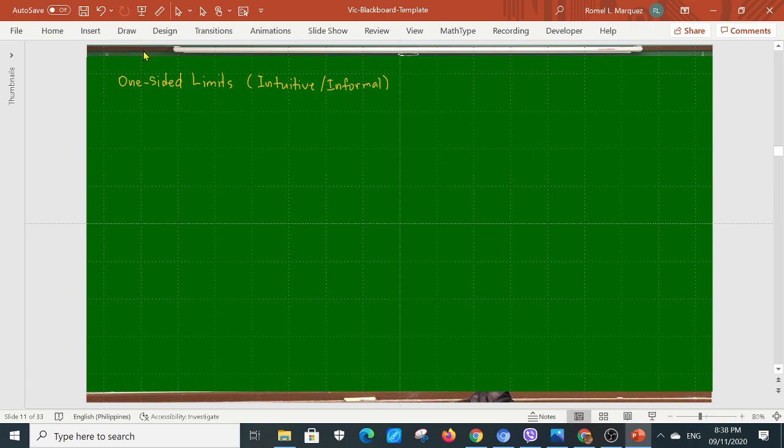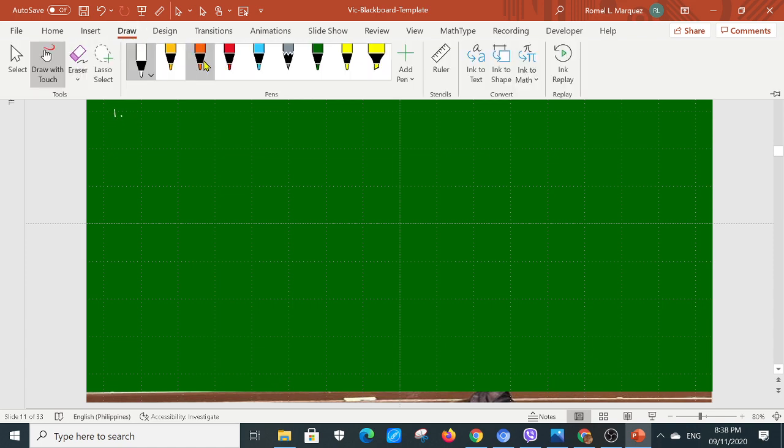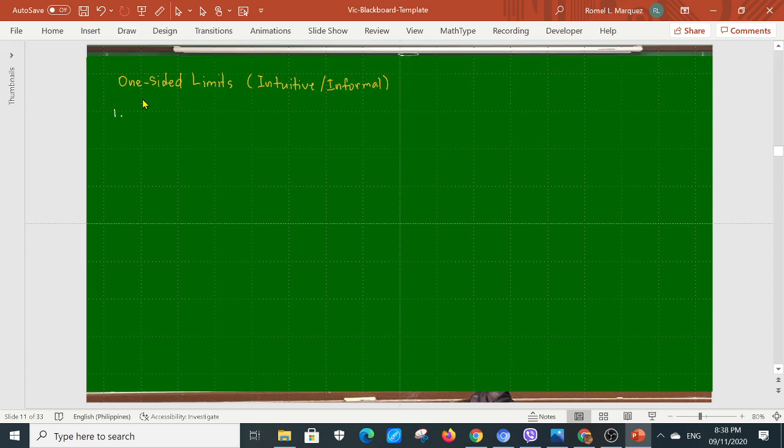All you have to do is to change the word limit of f of x by just the left hand limit of f of x. That's it. And that is called left hand limit. Number 1, left hand limit. What do you mean by left hand limit?